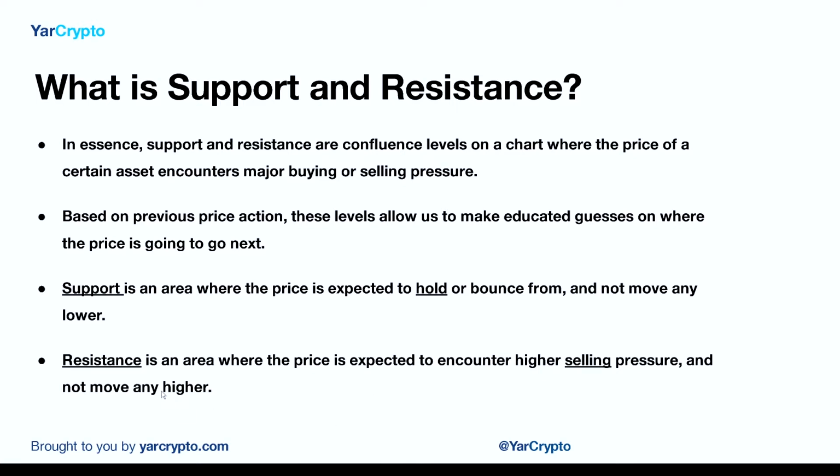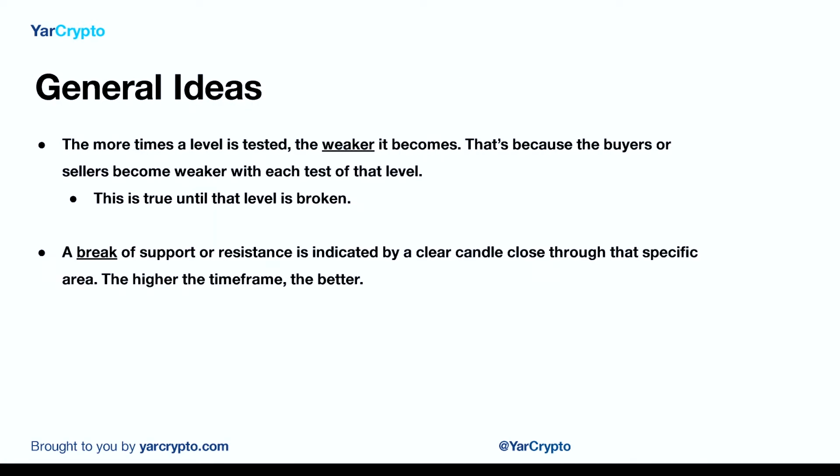I'm going to have a couple of examples that I want to show you guys in the next couple of minutes. I also have a bunch of general ideas regarding support and resistance. The first one is the more times a level is tested, the weaker it becomes.